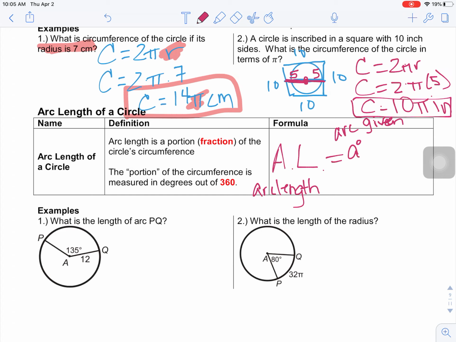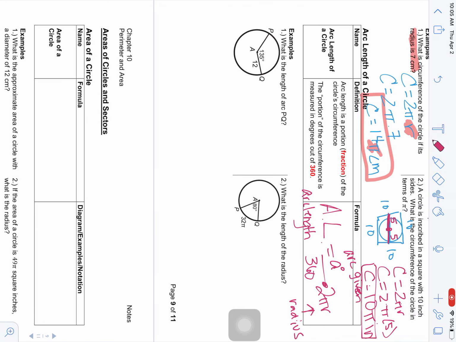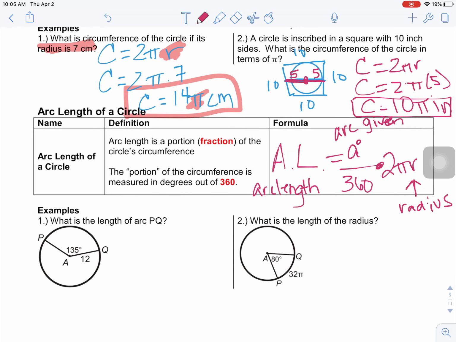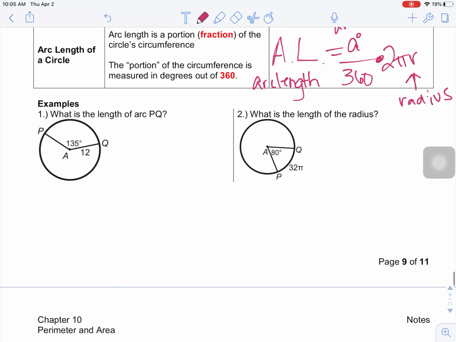And that is always going to be over 360 times our circumference formula. And our circumference formula, again, if you recall, is 2 pi r, and r represents our radius. So we're going to go ahead and apply this formula to these examples.